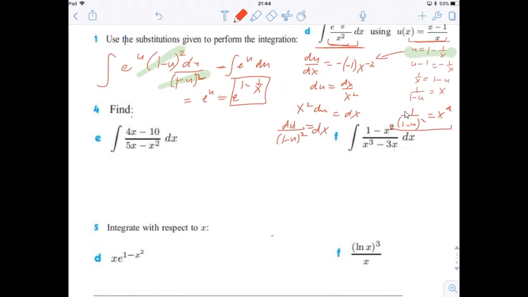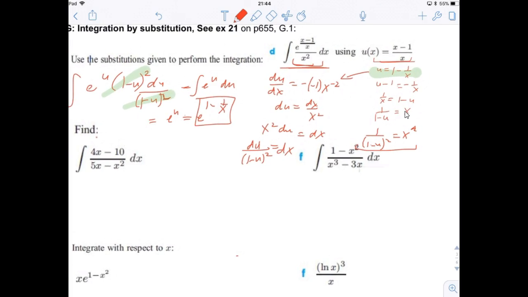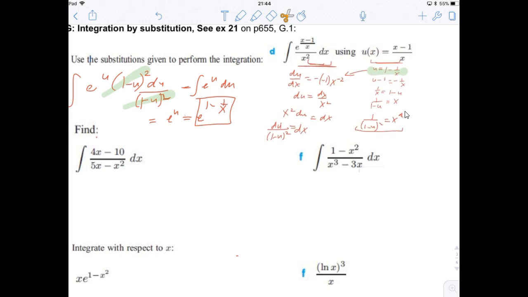Okay. I'm just going to shrink these down because I need a little space below. Okay. Let's look at this one here. So find the integral of this expression here. Now, I can see something going on with the bottom and the top being related, right?